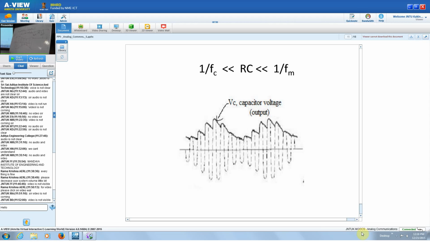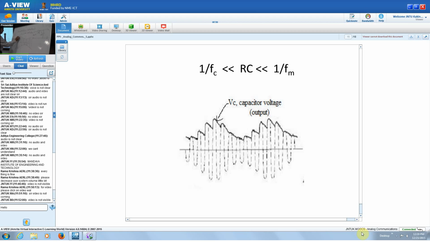But where is the path for this discharge? The diode is reverse biased now, because this voltage is less than this voltage. Therefore, there is no discharge, only some leakage may be there. But ideally, whatever voltage you have across the capacitor is going to remain the same, without any discharge.